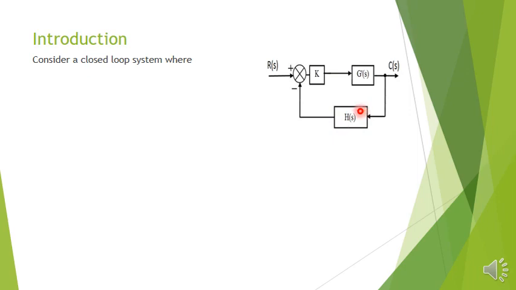Now, in the previous session, we studied analyzing the stability. The stability of the system depends on the closed loop poles, which are obtained from the characteristic equation.